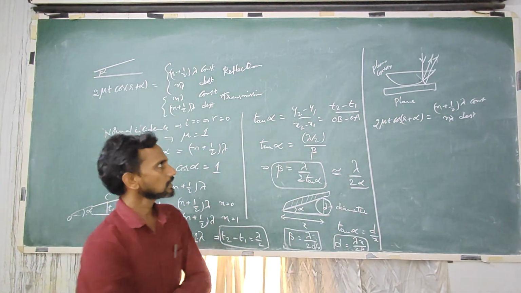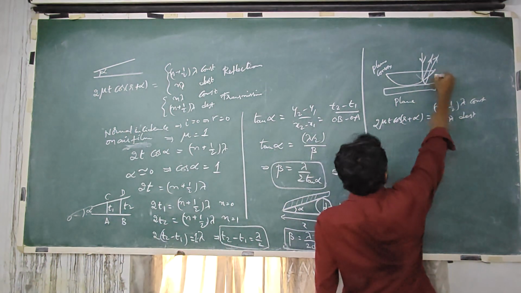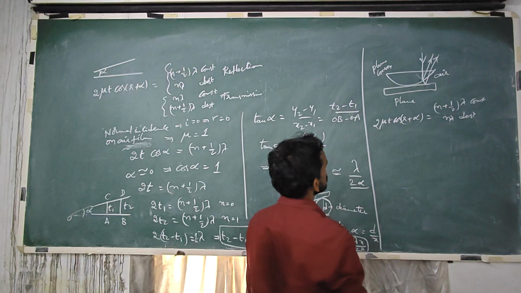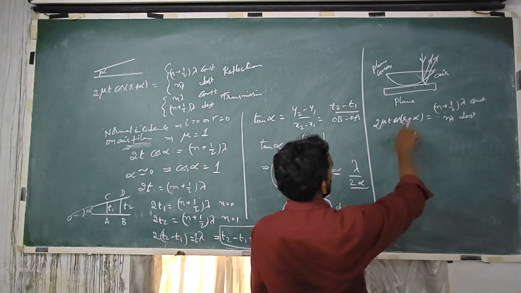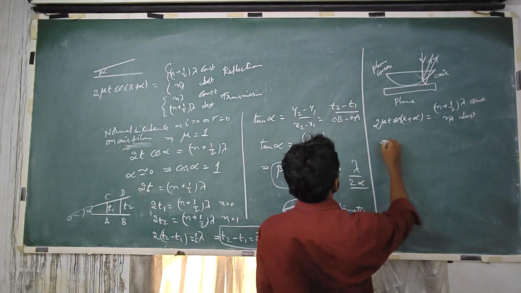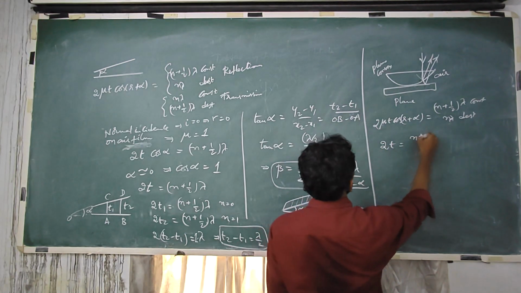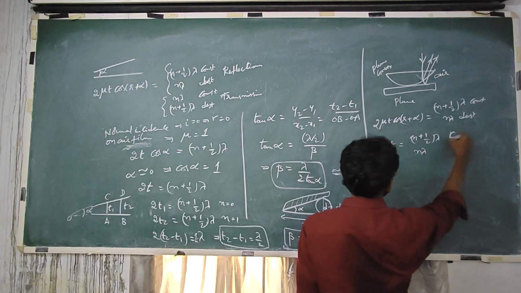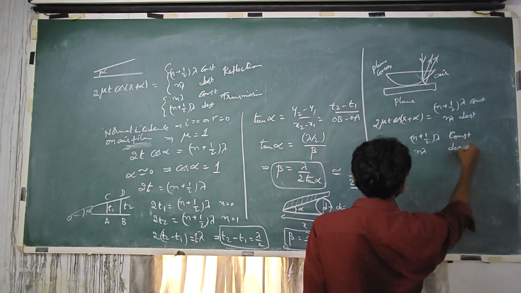Okay, so here the material is air. r is 0, alpha is negligible, so 2t is equal to (n plus half) lambda constructive, n lambda is destructive.